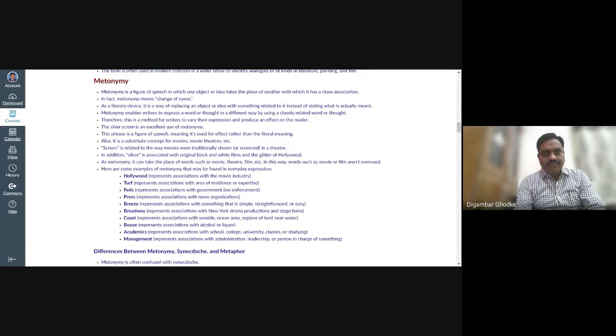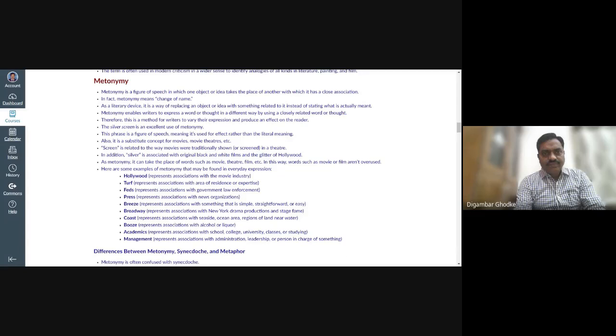And the use of metonymy enables writers to express a word or thought in a different way by using a closely related word or thought. So we can call it a method for writers to bring variation in their way of expressing and producing an effect on the reader. Now let's take the example of the silver screen.